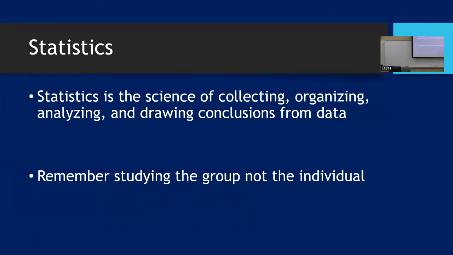The reason we want to do that is because it gives us really good insight on general trends. So what are general trends in the data? Those types of things.